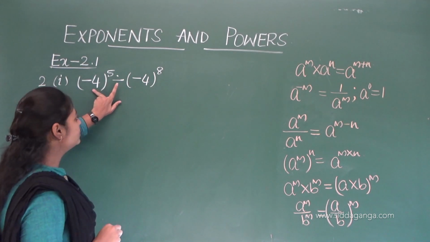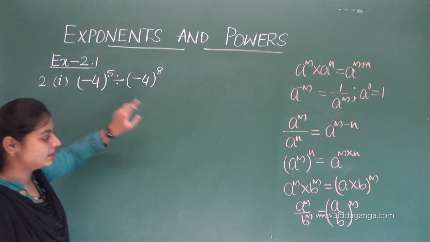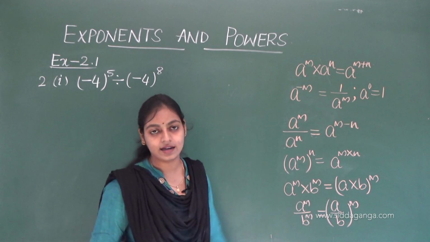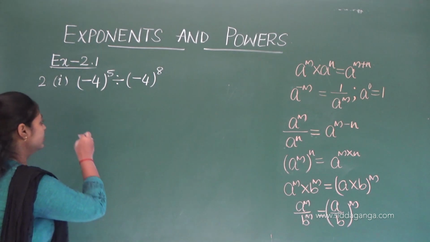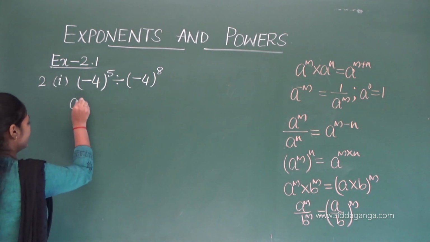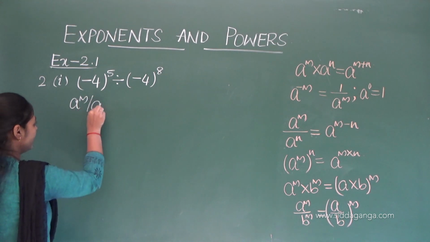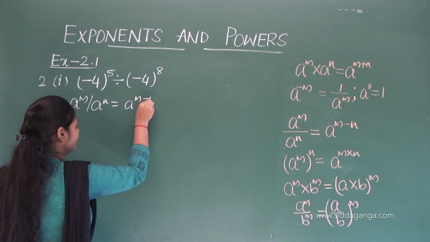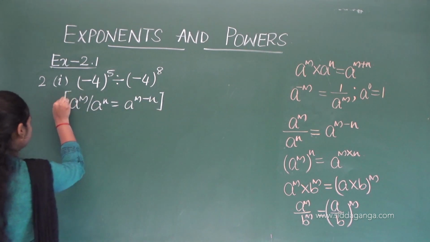The bases are equal, and in a division condition, a raised to m divided by a raised to n is equal to a raised to the power of m minus n. So, write the law: a raised to m divided by a raised to n is equal to a raised to the power of m minus n.